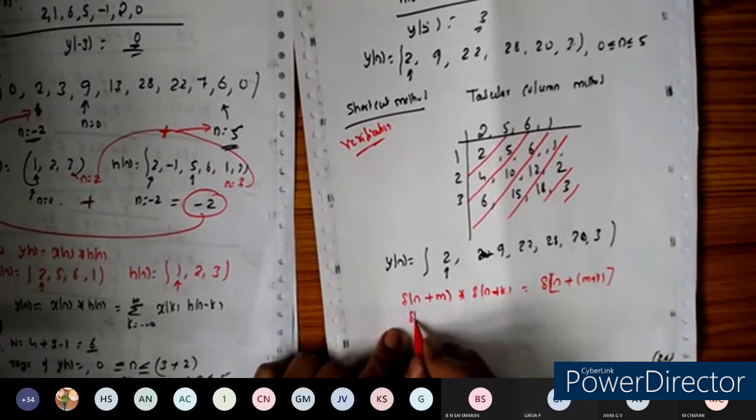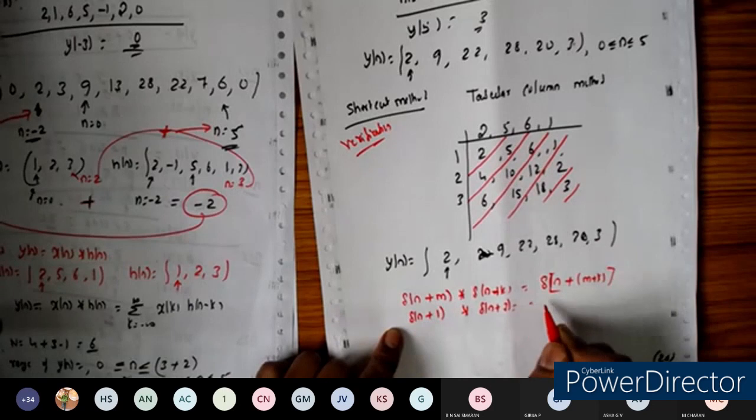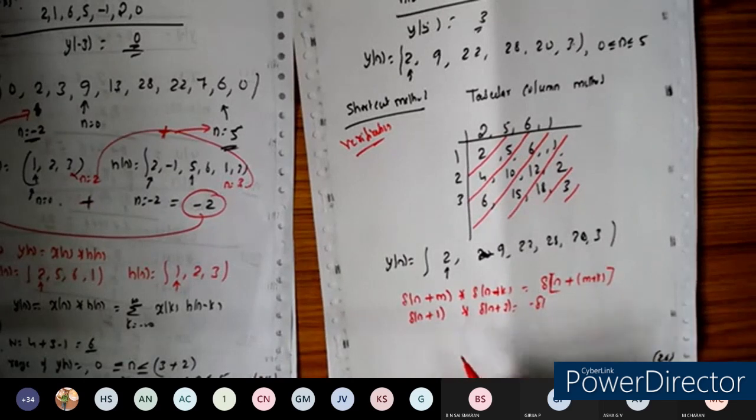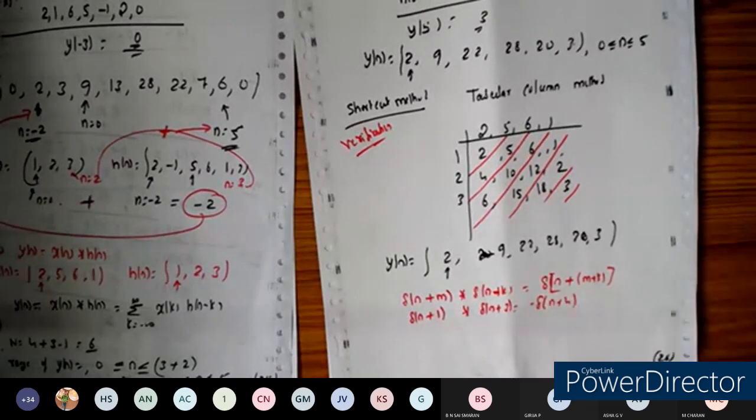For example, if you are writing delta of n plus 1 convolution with delta of n plus 3, this will become delta of n plus 4, since 3 plus 1 is 4.